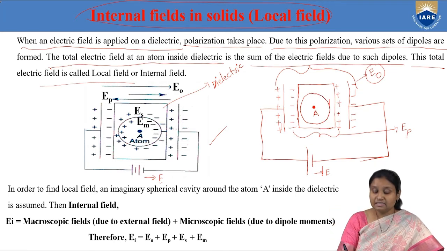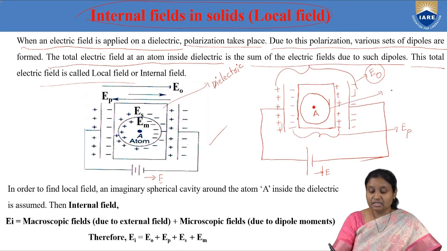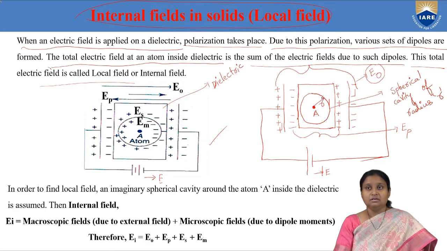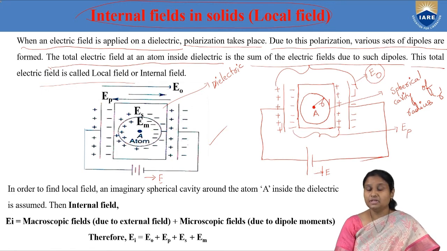This sphere we are calling a spherical cavity, and let us assume that it is of radius r. When we imagine this sphere around the atom, we have to take it in such a way that the radius r is very, very small compared to the dimension of the dielectric.